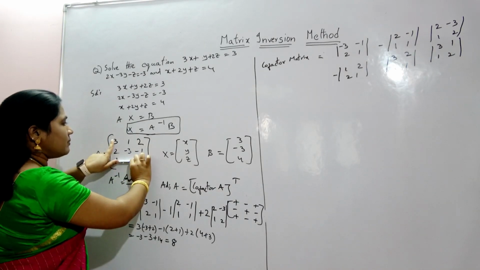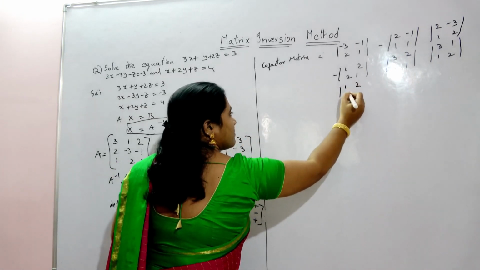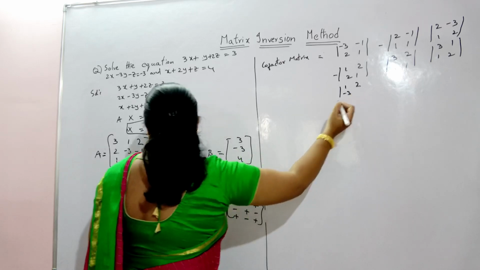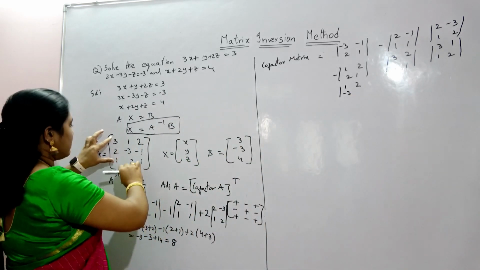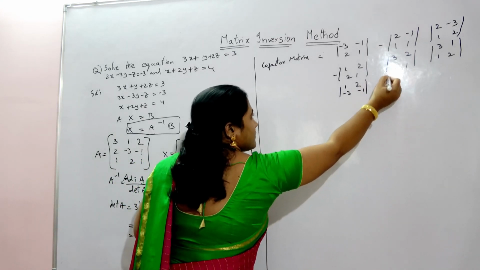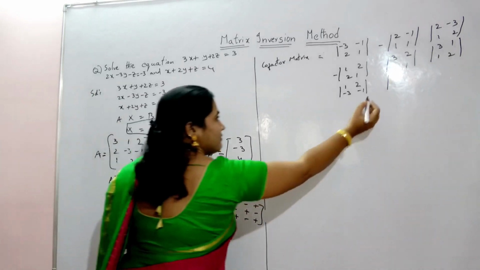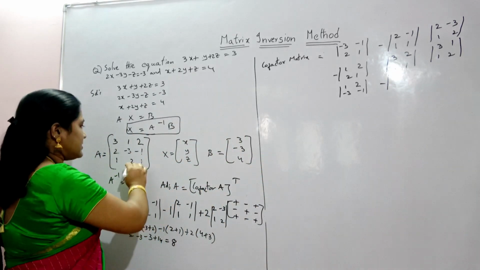Next, for the third row, the first element 1, just close this row and this column. So 1, 2, -3, -1. And the sign is negative for the second.